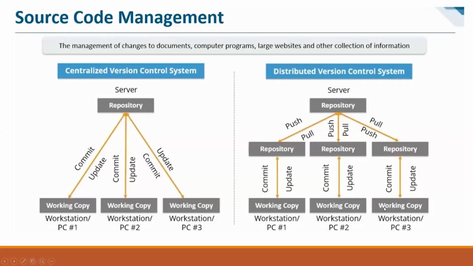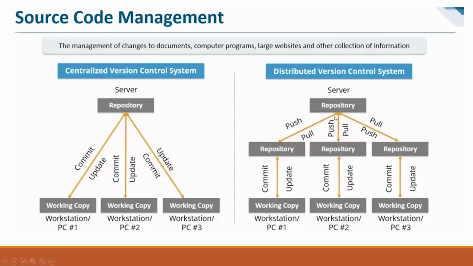Here we have a working copy, a local Git repository, and a remote Git repository. From the workstation you update the code in the local repository, and from the local repository you push the code to the remote repository.